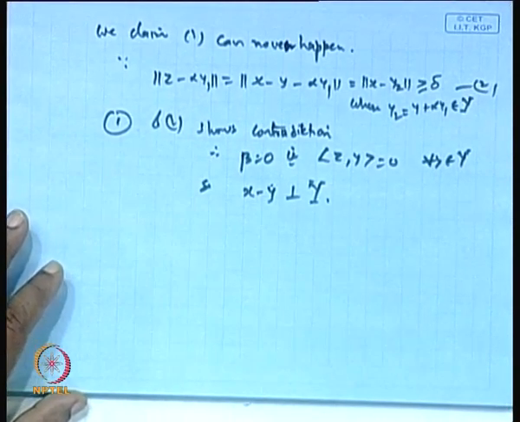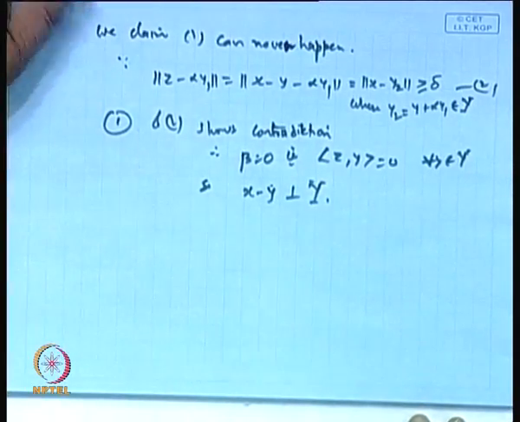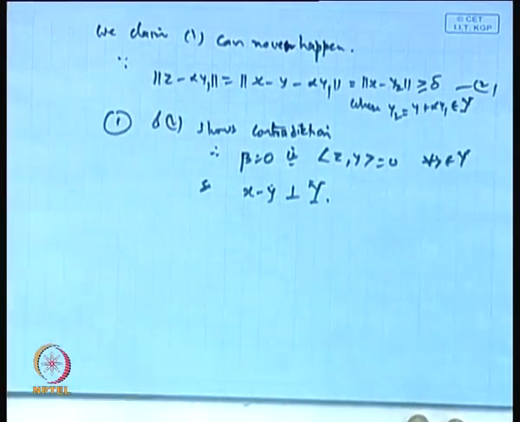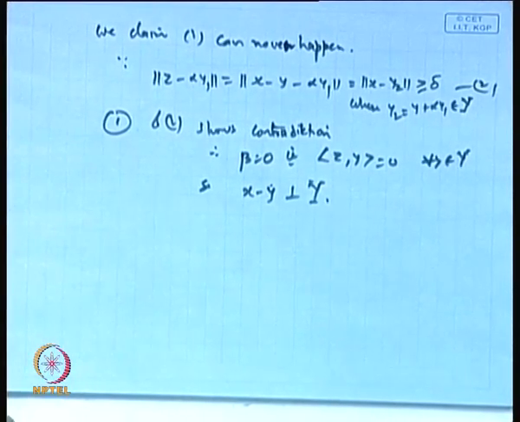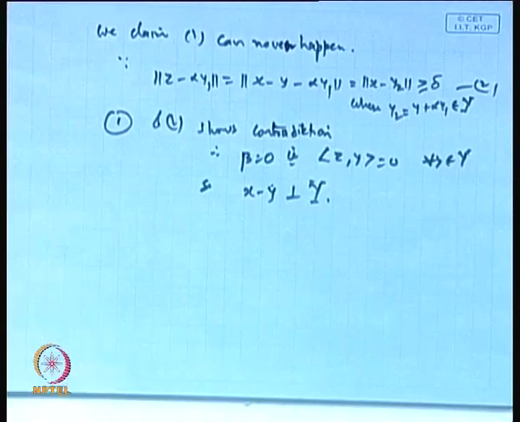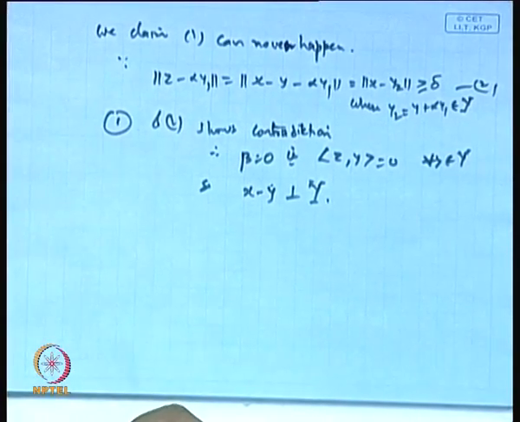Now, these two lemmas will be helpful in giving the idea of the projection theorem. What we are interested in is expressing the Hilbert space H as a direct sum of two subspaces. One is closed, another one is the orthogonal complement of Y, and this is called the projection theorem.